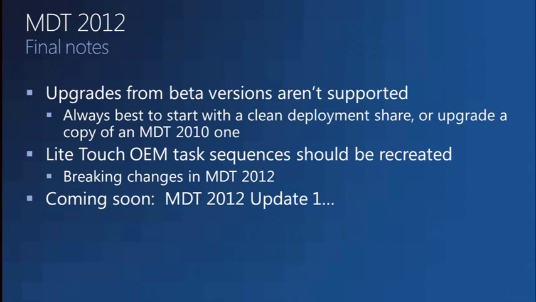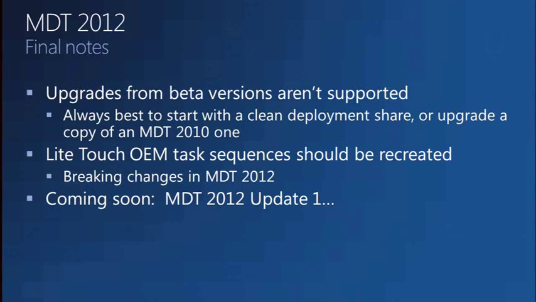If you're using Light Touch and have built OEM task sequences to do the OEM pre-staging of the media onto the hard drive, because of the partitioning logic changes that we made between MDT 2010 and 2012, you'll need to recreate those OEM task sequences. Fairly easy to do just because the task sequence is fairly simple.